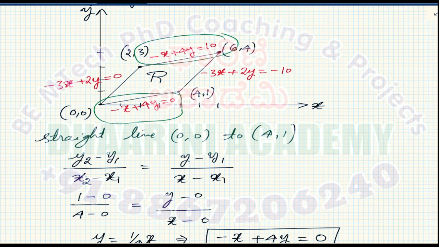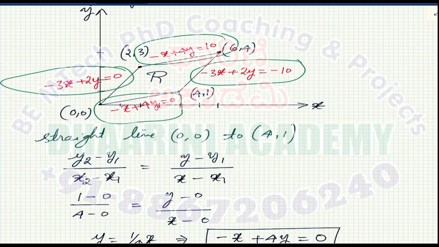So u varies from this to that. Similarly, I get v varying from minus 10 to 0, where we can call v as minus 3x plus 2y. In this problem, they have not specified what the exact transformation is. Since it has not been mentioned, we are supposed to make our own transformations. We are free to define anything we want, but this is the easiest way whenever they have not defined any specific transformation.